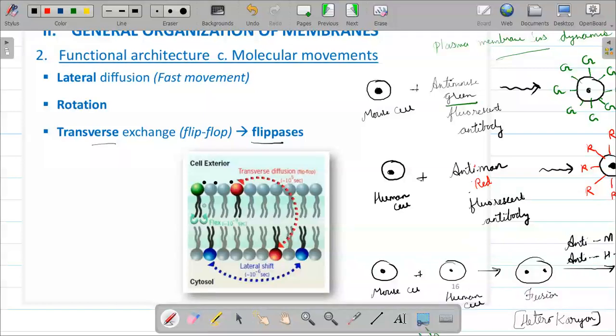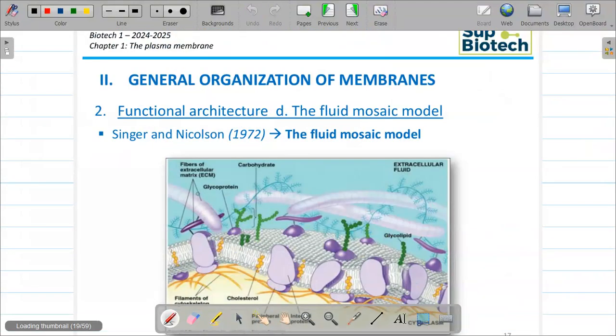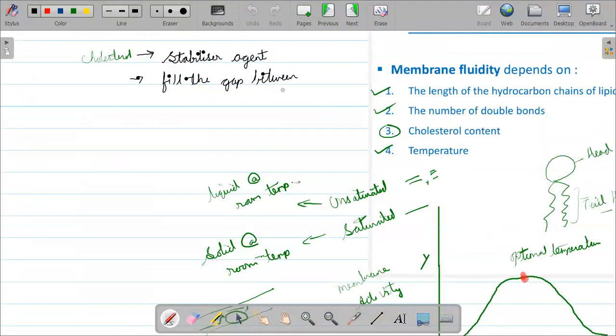You can see some gaps between the spherical structures, given in black color. They fill the gap which is made between lipids, especially phospholipids, phosphorus-containing conjugate lipids. So they go and fill the gap which is between the phospholipids.